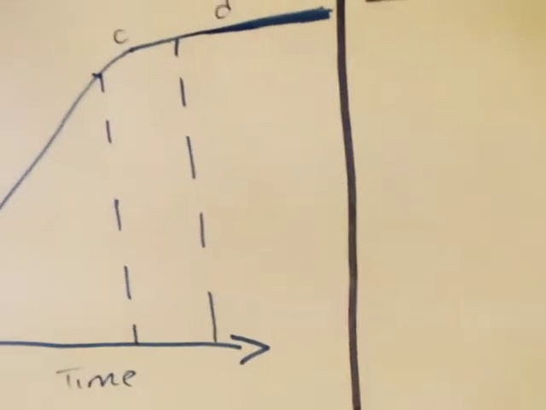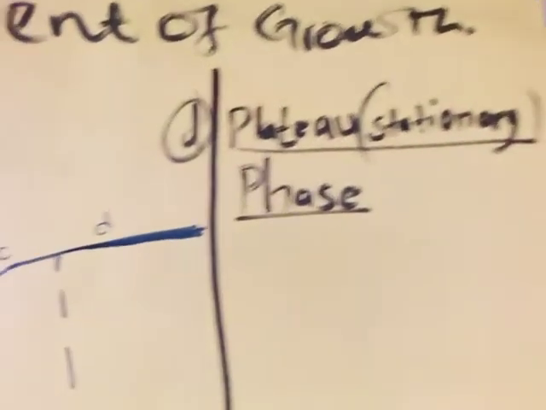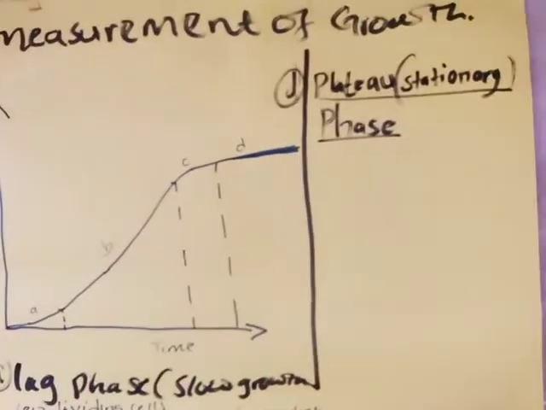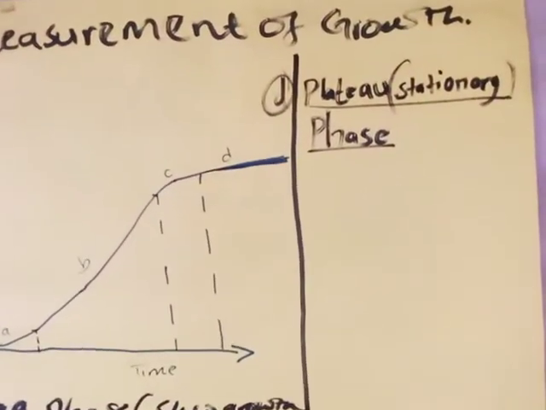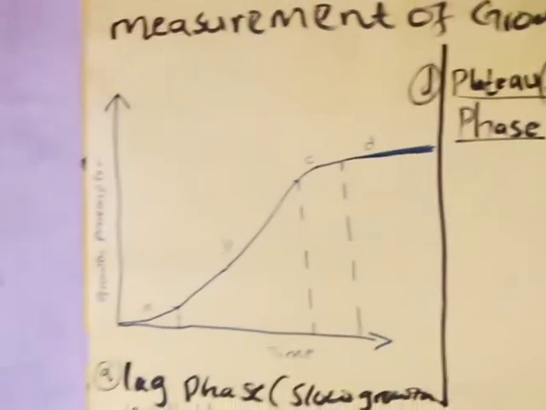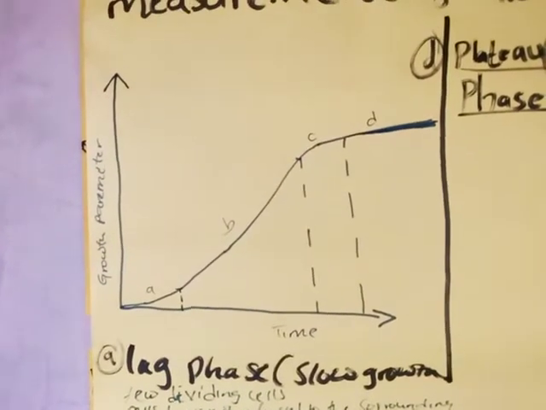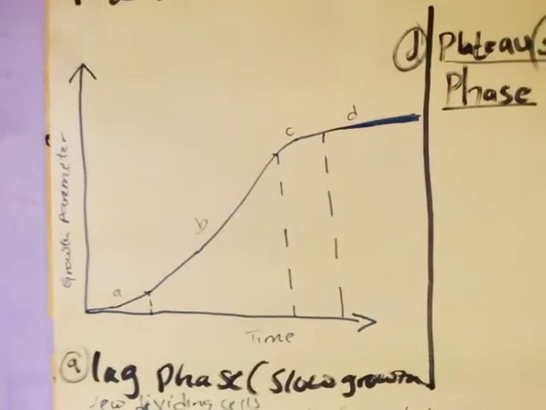Then lastly, we looked at the plateau phase or stationary phase, where the parameters under consideration always remain constant.